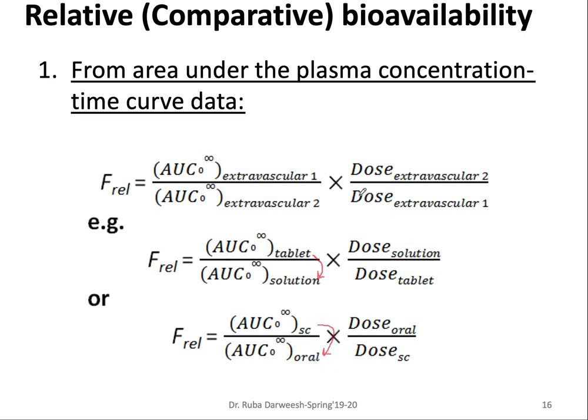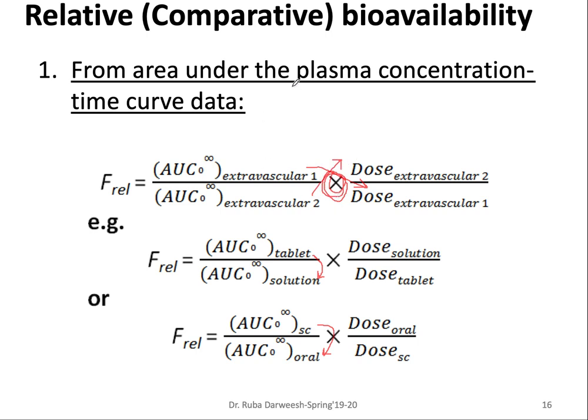Okay, and again, each one of them is corrected to the dose of its exact drug or route of administration or dosage form. But notice that it's multiplied here, not division. That's why we just flip it, because it's multiplied too, but it's the same as before.